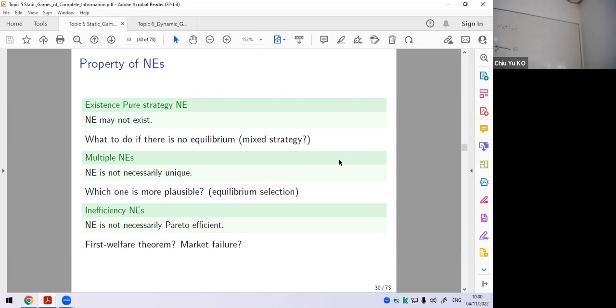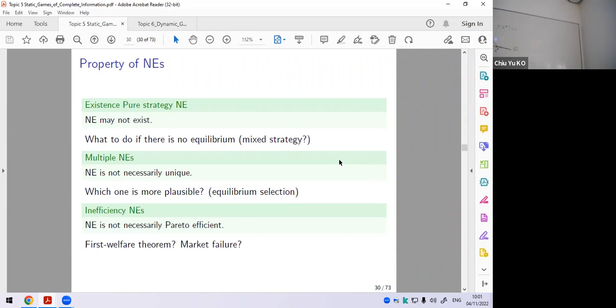But in application, if a game has no Nash equilibrium, then either we focus on what we call the mixed strategy, usually then the model will be a lot more complicated, and that is usually the way you solve the problem, or you change the game. There are two ways to do it: either you change the game or you use a mixed strategy. And mixed strategy, I would argue, in some cases makes sense, in some cases it does not. That's why I would rather change the game. So that is a tip from me.